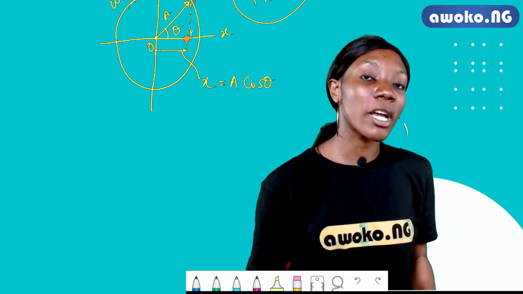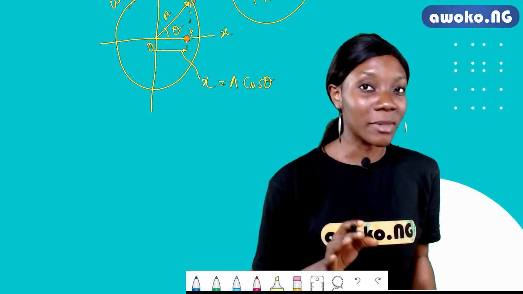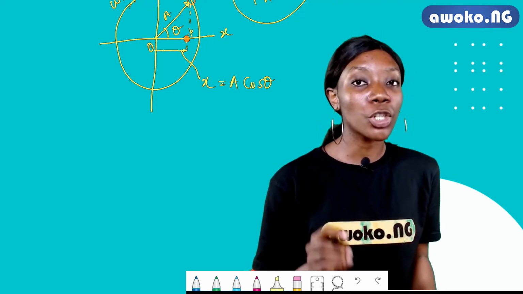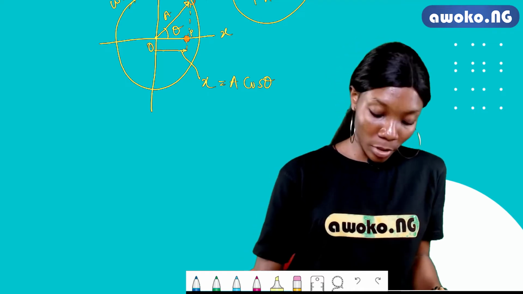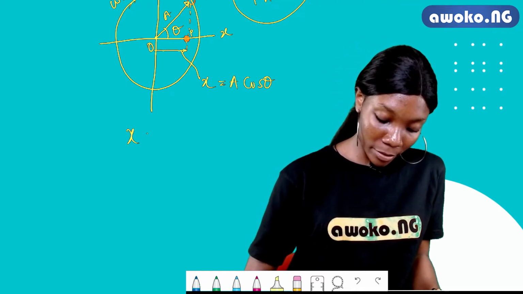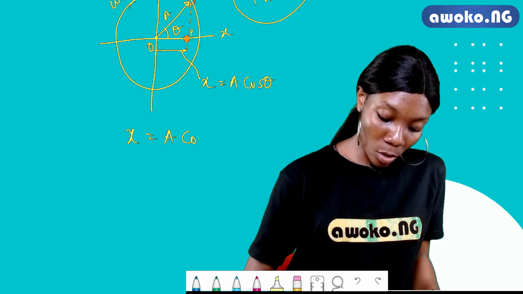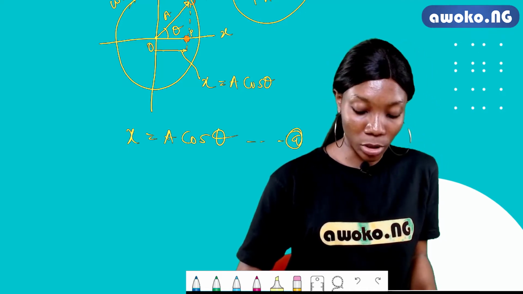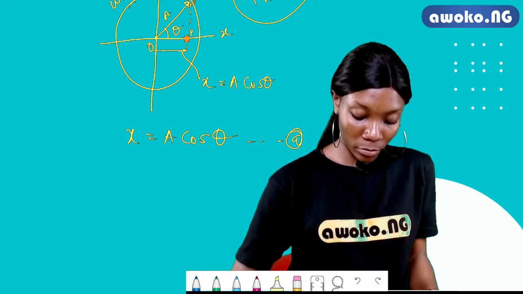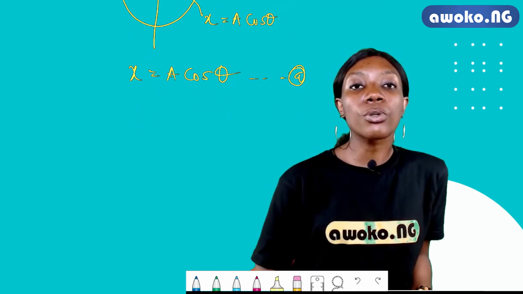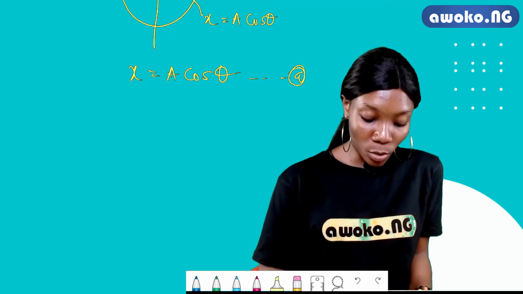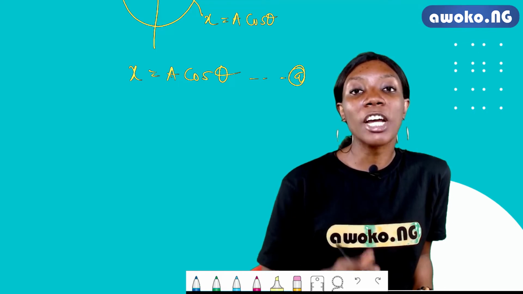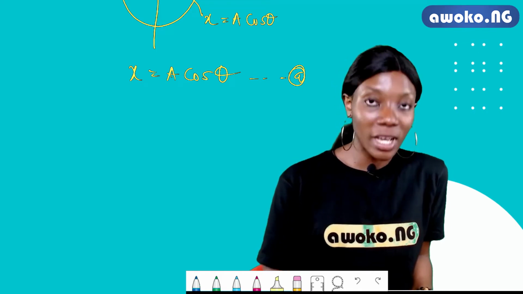The x component of the phasor at time t is just the x coordinate of the point Q. So x coordinate, like we gave here, is given as a cos theta. Take note of it. So let's call this equation A. This is also the x-coordinate of the shadow P, which is the projection of Q onto the x-axis.